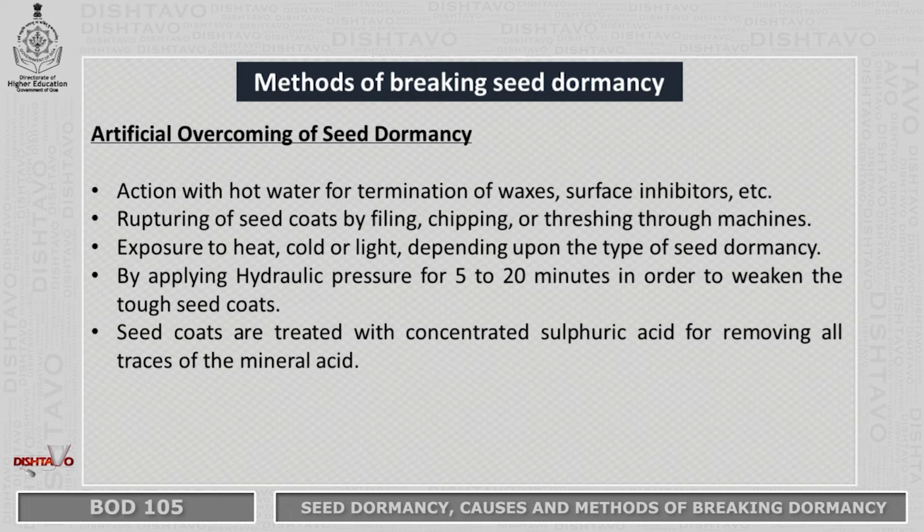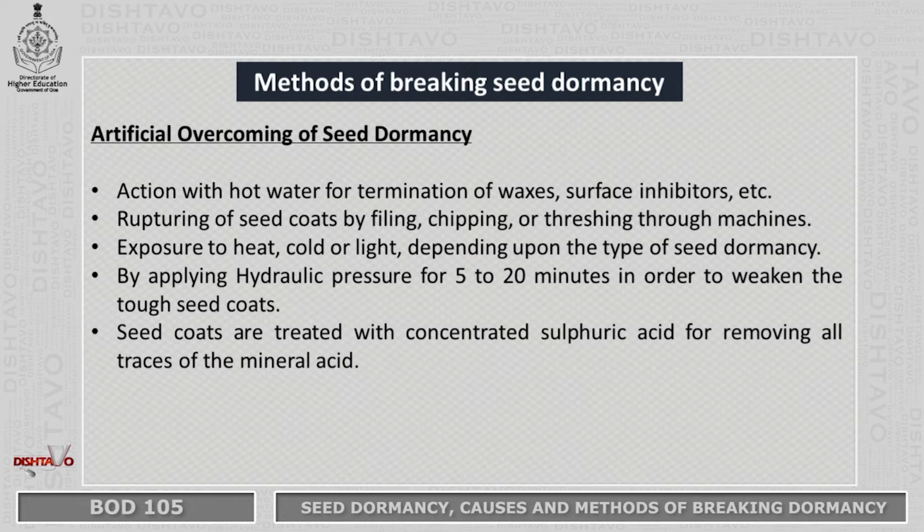Let us now look at the artificial methods of overcoming seed dormancy. Seed dormancy can be broken by treatment with hot water for removal of waxes and surface inhibitors present on the seed coat. Rupturing of seed coats by filing, chipping, and threshing through machines.